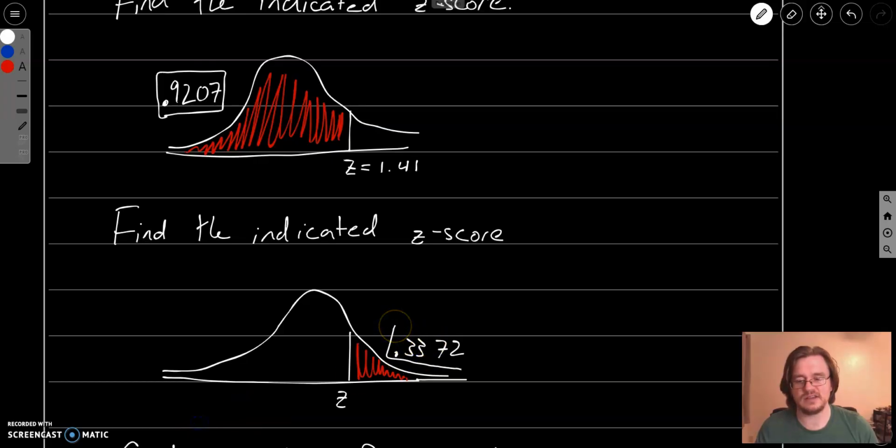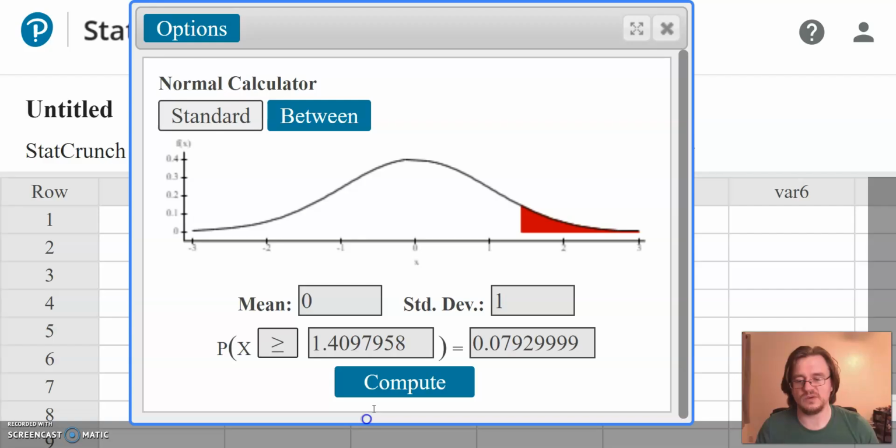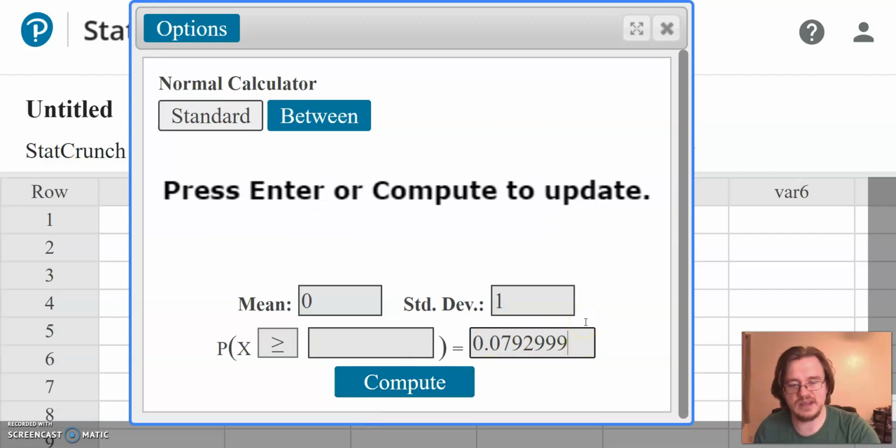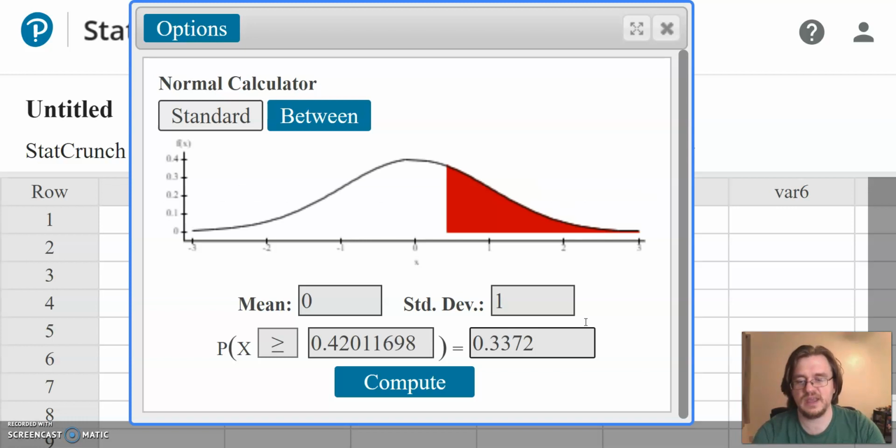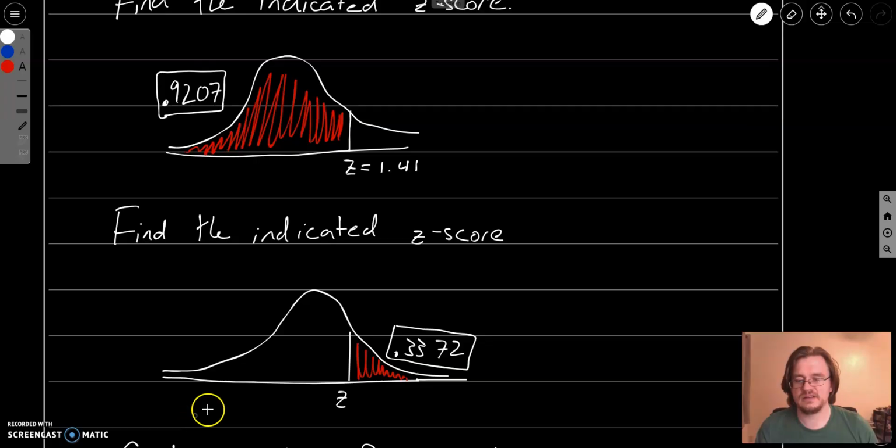This area is going to be 0.3372. So let's type that in. The area to the right is 0.3372, and when we compute it, we get 0.42 if I'm rounding to two decimal places. So z here is going to be 0.42.